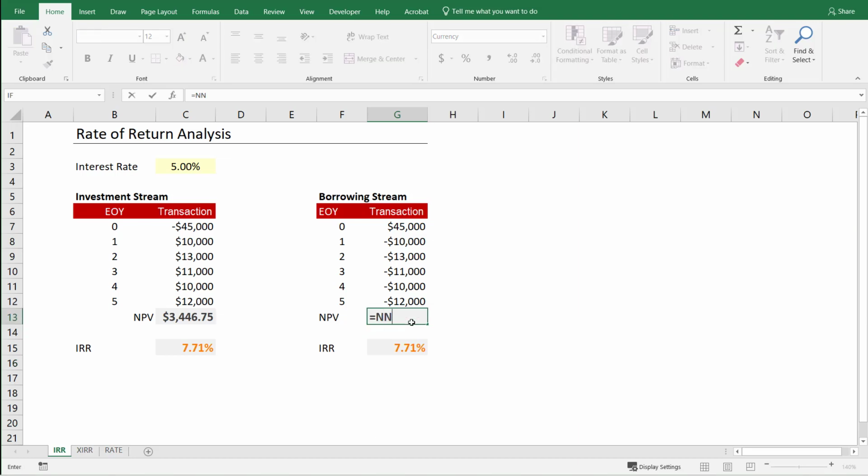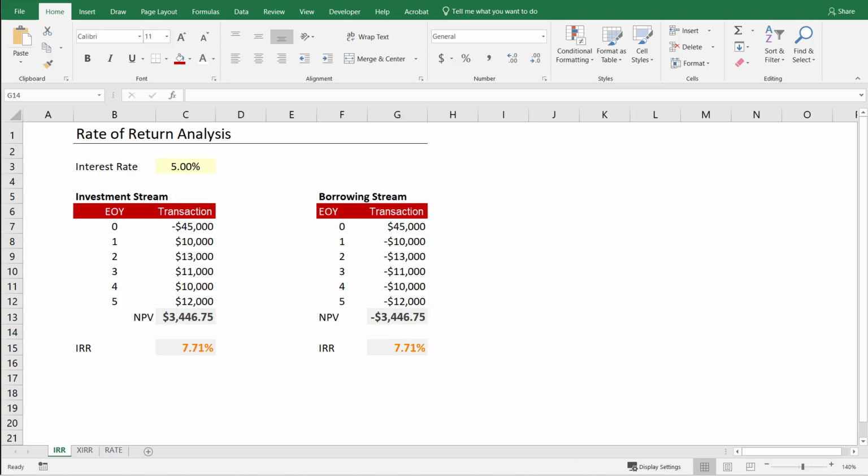And so if I calculate the NPV at this rate and then give it the cash flows starting in year 1 and then adding the cash flow at time 0, I'm going to get that the NPV is negative.